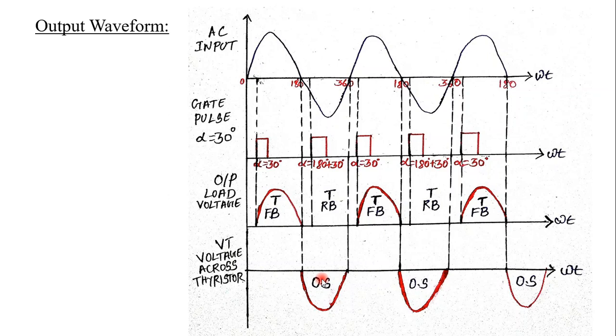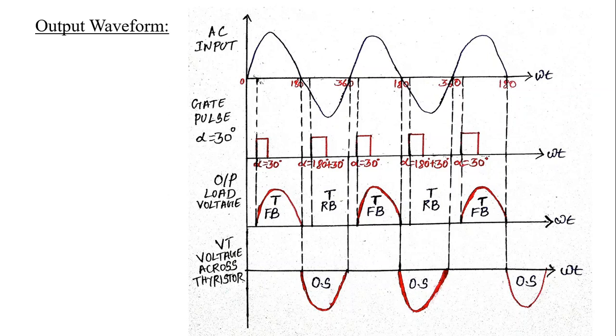So when the switch is open, at that time only the thyristor has voltage, and this is shown in this diagram. Here open switch, and here also open switch, and here also open switch, and this is the output waveform of the single phase half wave controlled rectifier.